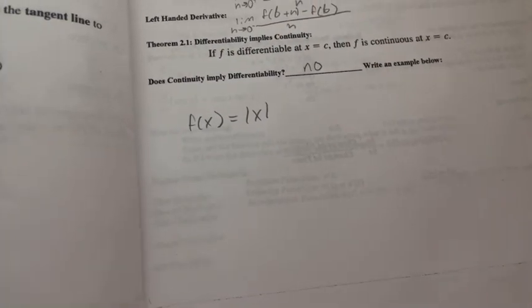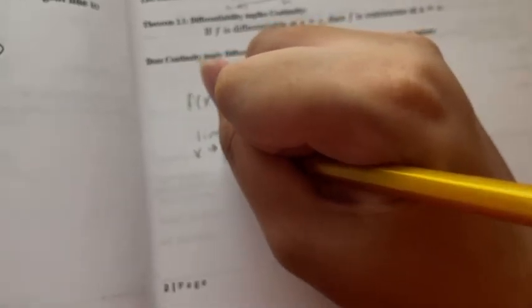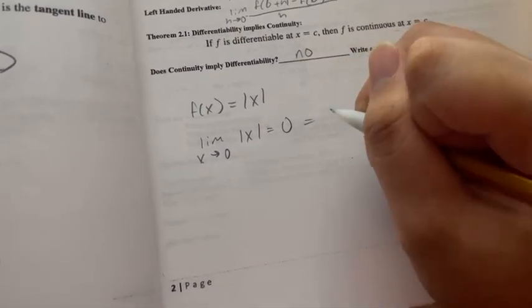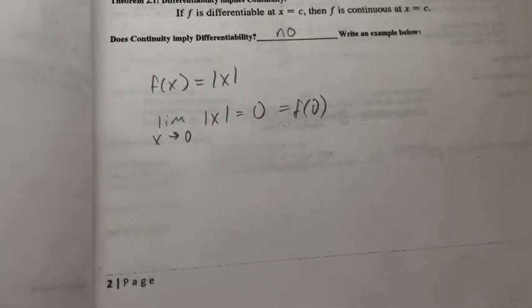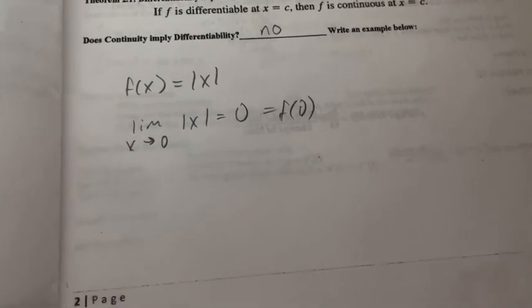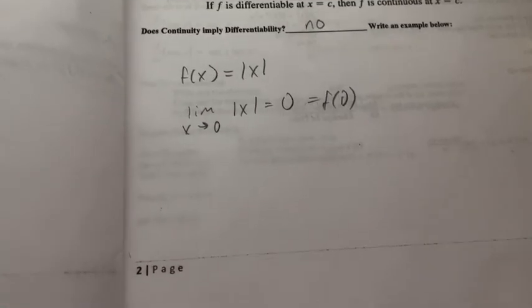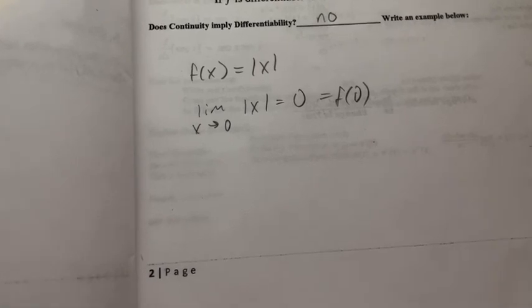This function is continuous at x equals 0 because the limit as x approaches 0 of the absolute value of x equals 0, which equals f of 0. However, it is not differentiable at x equals 0 because the derivative does not exist at this point. In this case, the function is continuous but not differentiable at x equals 0.